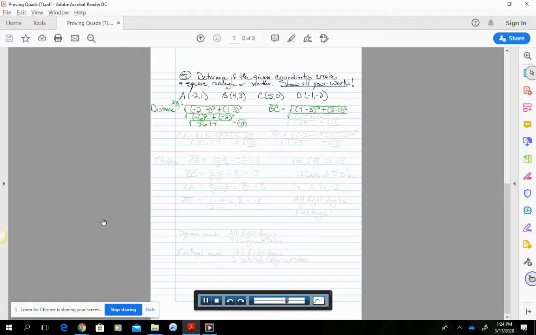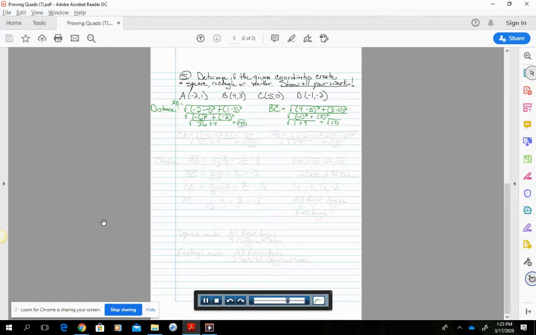So I do the math. That gives me -1 squared plus 3 squared, which gives me 1 plus 9, or the square root of 10. Again, I'm happy with the square root of 10. If you really want to change it to 3.16, you're welcome to, but square root of 10 makes me happy. I finish up and I keep going and find the rest of mine.